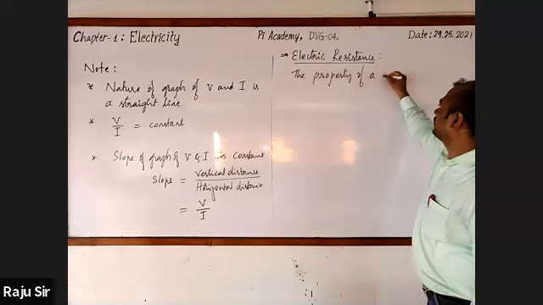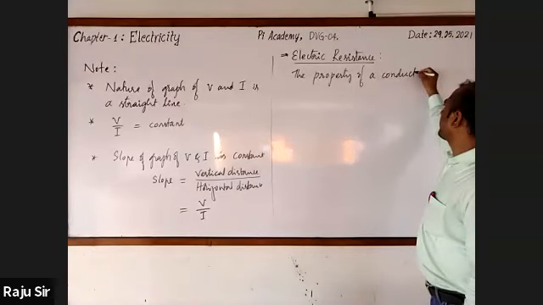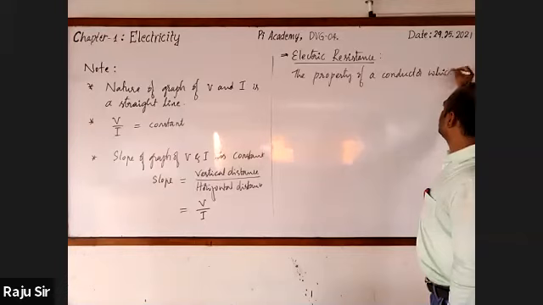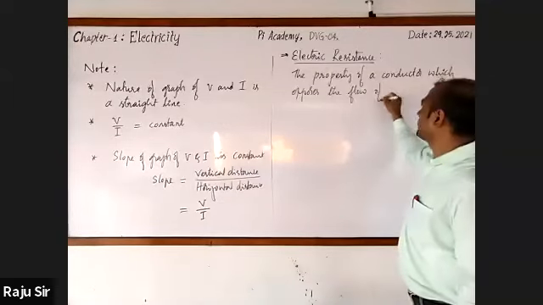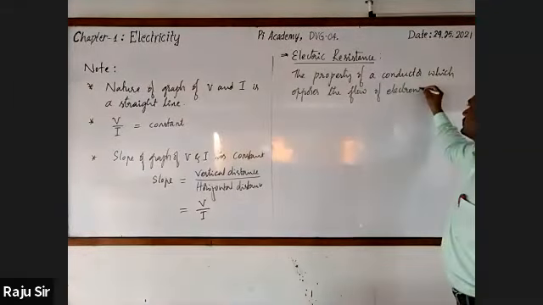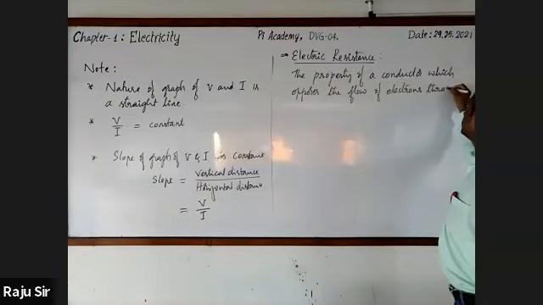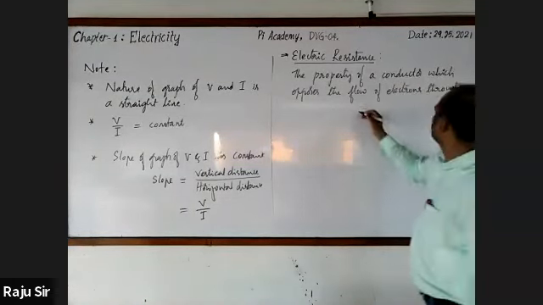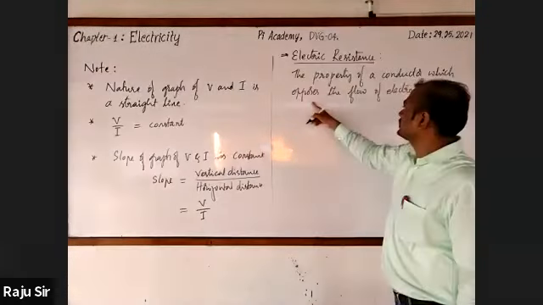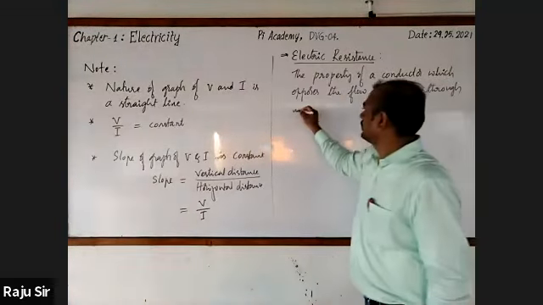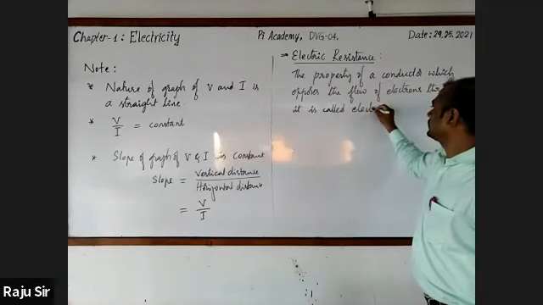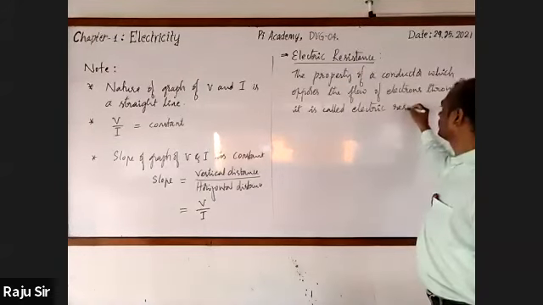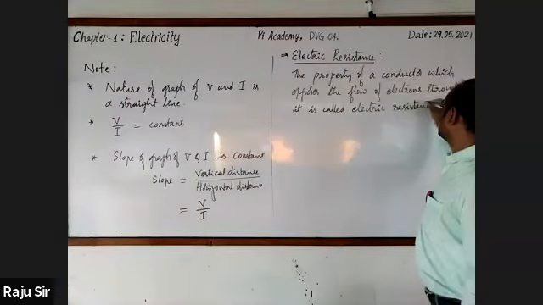The property of a conductor which opposes the flow of electrons through it, the charged particles. The property of a conductor which opposes the flow of electrons through it is called electric resistance.